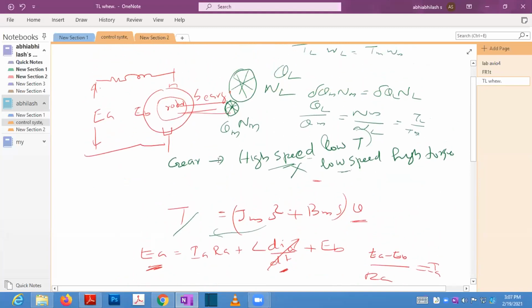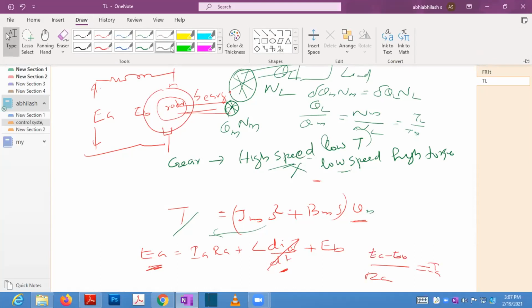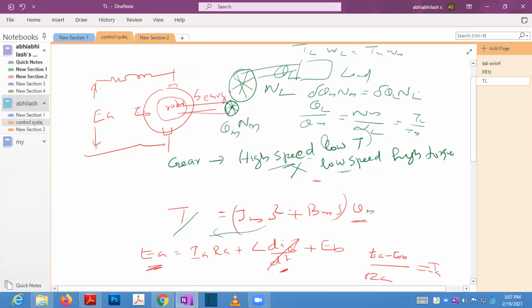So this theta is coming here, theta m. This is theta m, and this theta m is going through this gear. And this gear output is connected to a load, and the load having a moment of inertia JL and damping of BL.